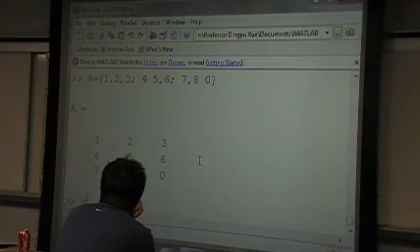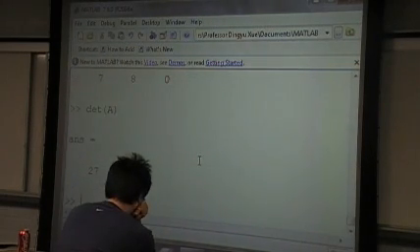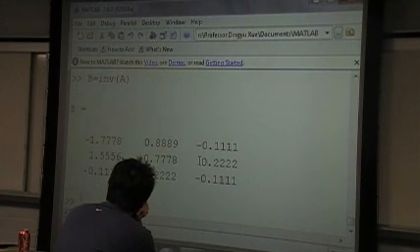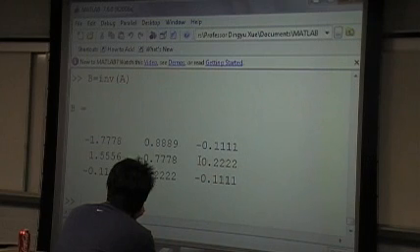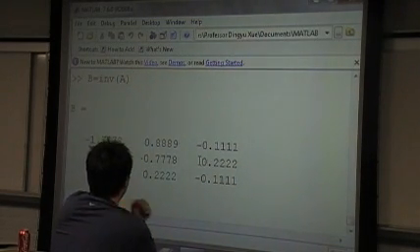For instance, as I talked about earlier, you can use this command to find the determinant of this matrix, and you can get that easily. And also, you can get the inverse of the matrix like this. Or you can use the eig command to find eigenvalues of the matrix.